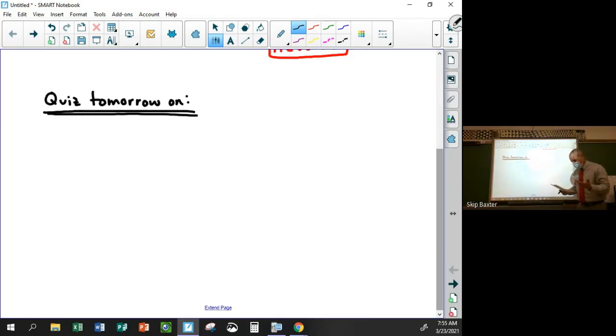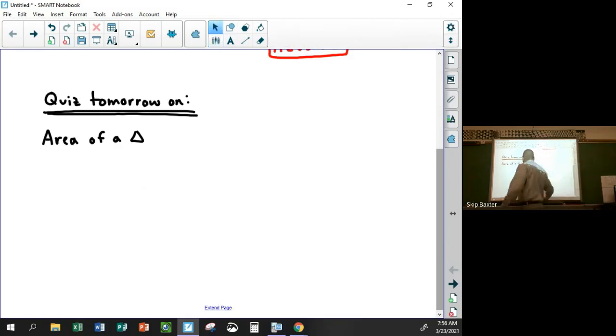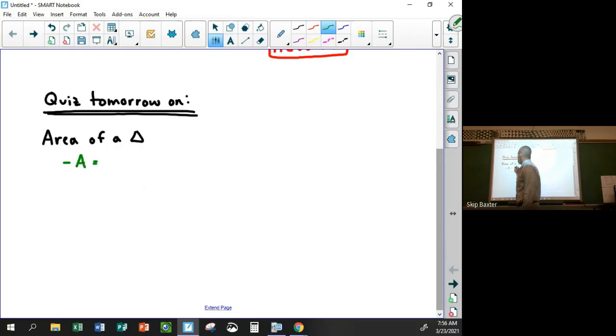And it's on everything we've done since the last quiz, which included area of a triangle. We did this 3 ways, remember. We did it using the basic formula, which is area equals 1/2 base times height.